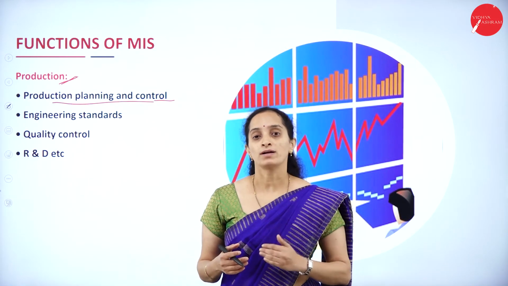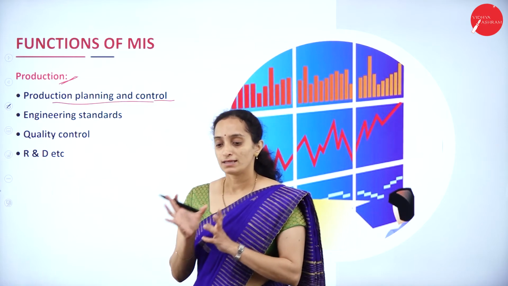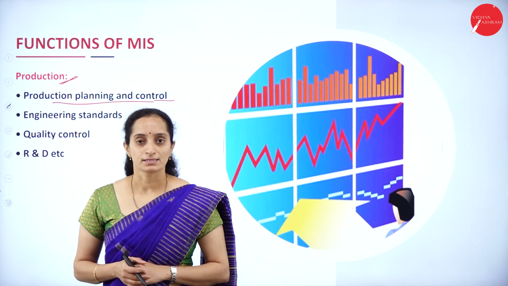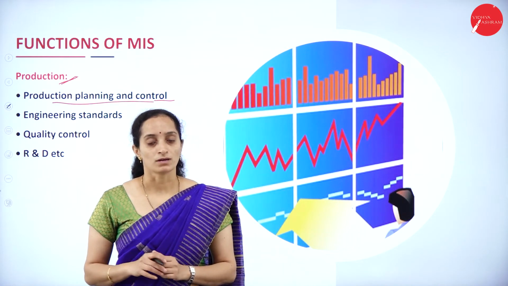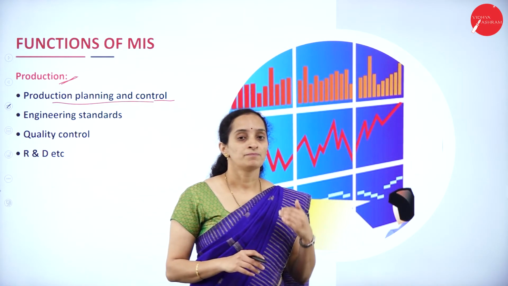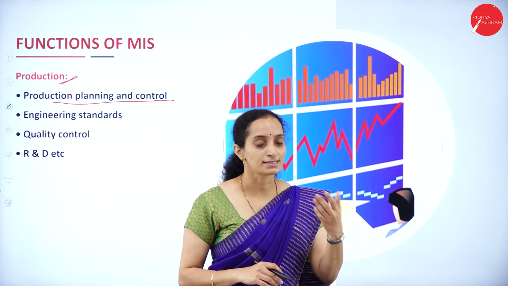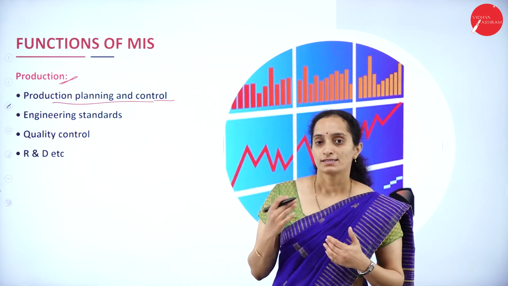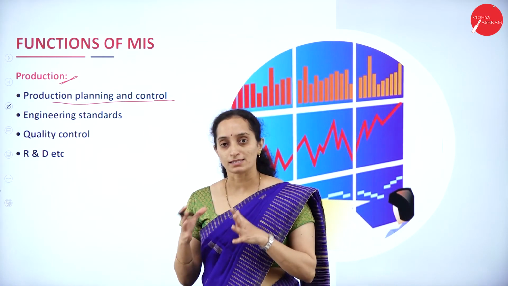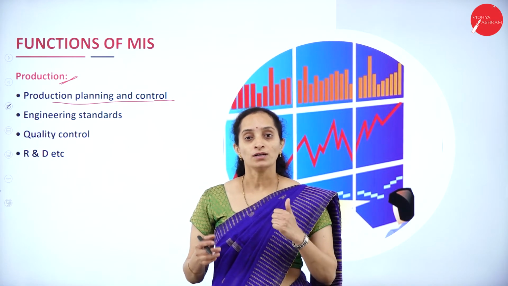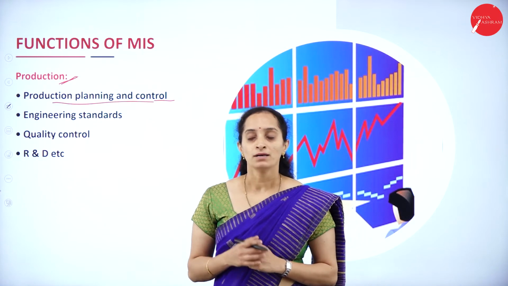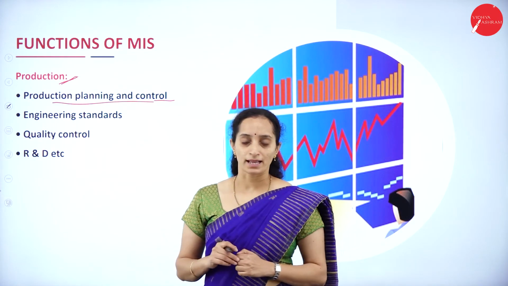How much product must be produced within these 3 months. Sometimes demand may be less, sometimes demand may be more. When the year end comes, the demand may be less. When there is a festival or some special situation, the sale will be more. Based on the situation and time, the production planning must be done.